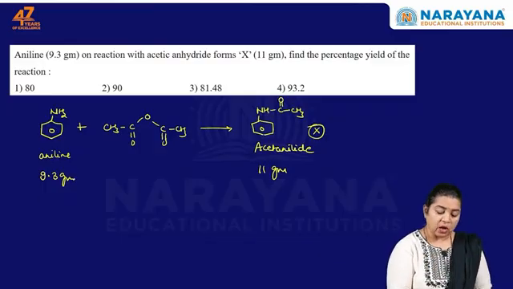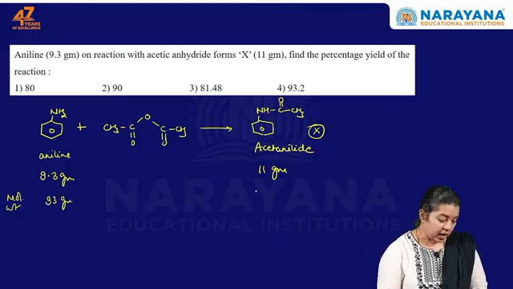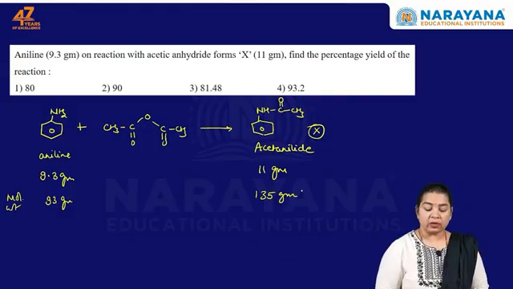Okay, let us check what is the molecular weight of these compounds. So molecular weight of aniline is 93 gram and of acetanilide is 135 grams, right?